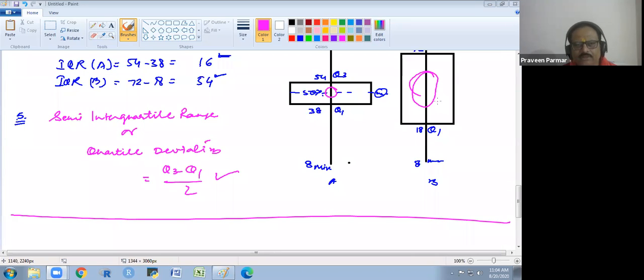Now we see the scatterness. Something is missing, that is the average scatterness, which I explained to you. Has somebody read about the average scatterness in statistics?